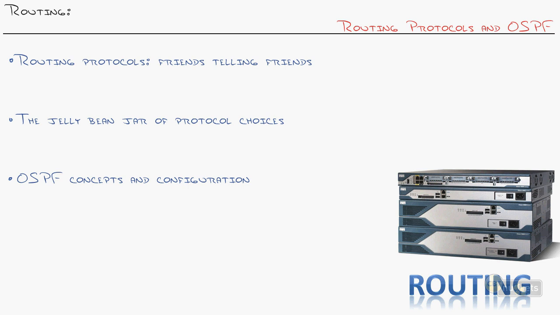So what have we seen in here? Routing protocols are friends telling friends. At the core, that's what routing protocols are, just one router telling another, this is the network that I know about. However, when we start getting into the jelly bean of protocol choices, we see there's a lot more complexity to it because people want different things. They want easy to use routing protocols. Another person wants an industry standard routing protocol.